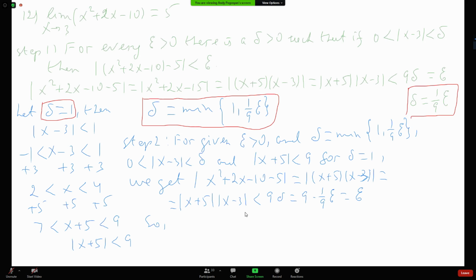So x squared plus 2x minus 10 minus 5 is less than epsilon, which implies, by the epsilon-delta definition, that the limit equals 5. And we are done.